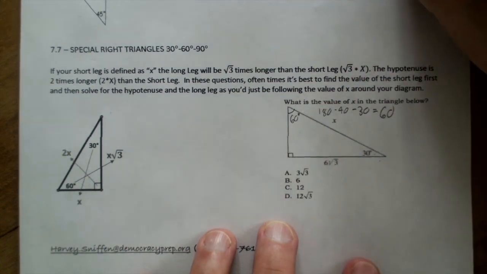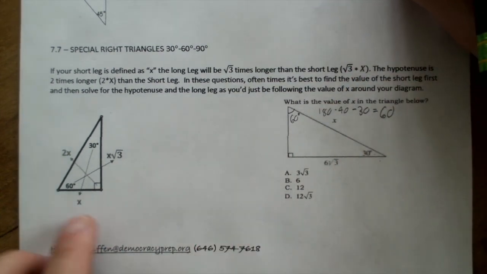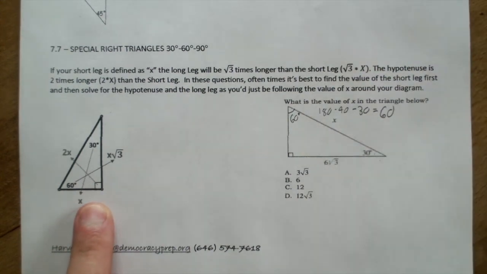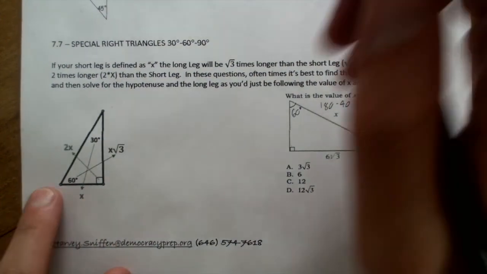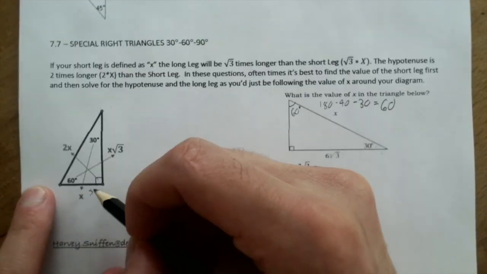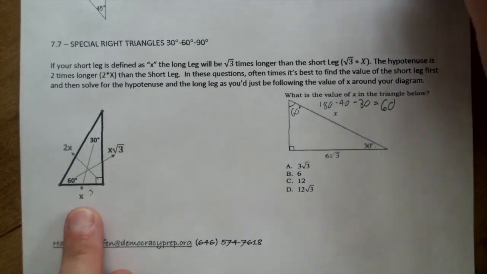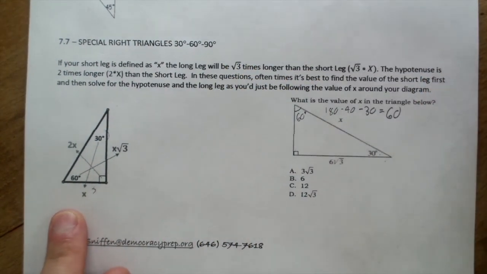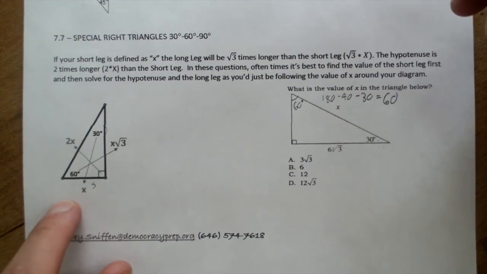In terms of our rules, they're slightly different with these particular types of figures. If we look down here on the bottom, at this nice little diagram I drew out for you, our smallest side is going to be opposite our 30-degree angle, and we label that typically as x.